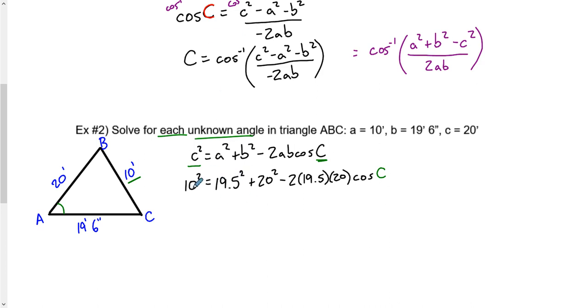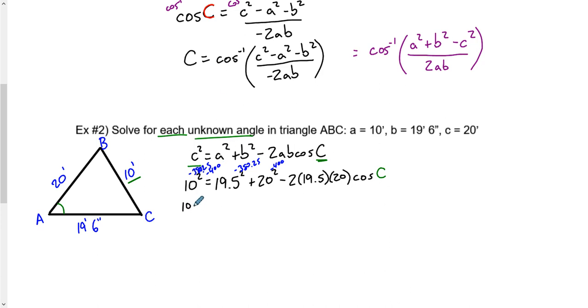So we're going to do some manipulation. For example, I know that this is 100. 19.5 squared, calculator should be on, is 380.25. So I'm going to subtract 380.25 and I'm going to subtract 400 from both sides.